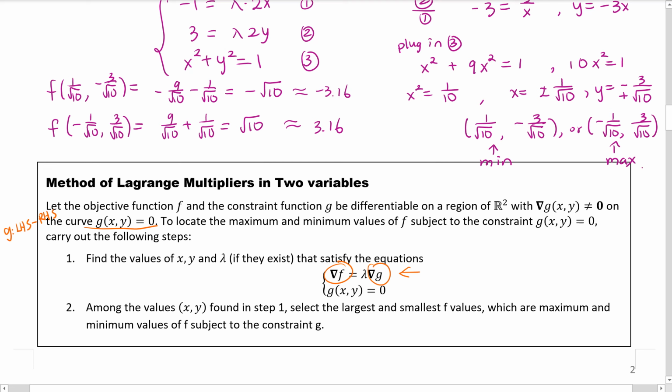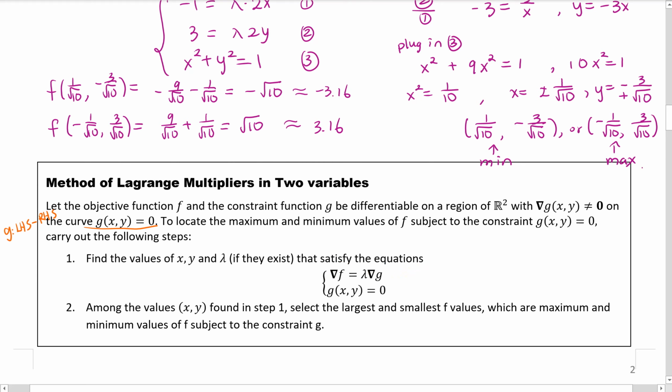So altogether we get 3 equations. If the gradient of f and the gradient of g are vectors in R3, then we have 3 coordinate functions, and this vector equation will give us 3 scalar equations. So yeah, we will see more examples.